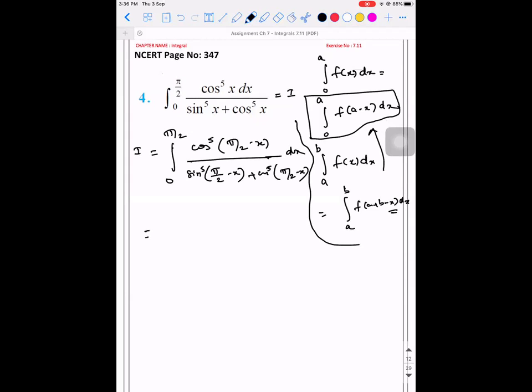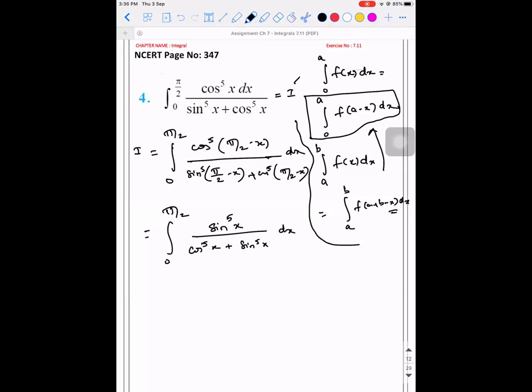So this is how it goes. What is cos pi by 2 minus x? It is sine. There is already a power 5. So sine power 5x divided by cos power 5x plus sine power 5x dx.